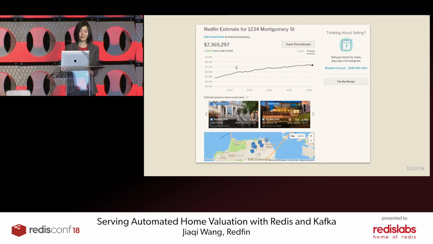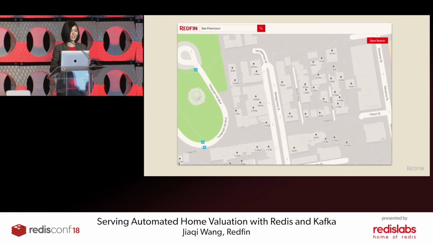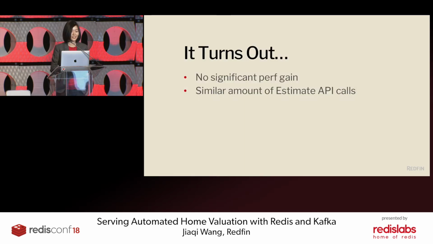All right, so far the setup works pretty well for most of our use cases when you only need one estimate data. What about cases when you need multiple estimate values at once, such as this case? As it turns out, surprisingly or not surprisingly, we did not observe any significant perf gain on our map request.